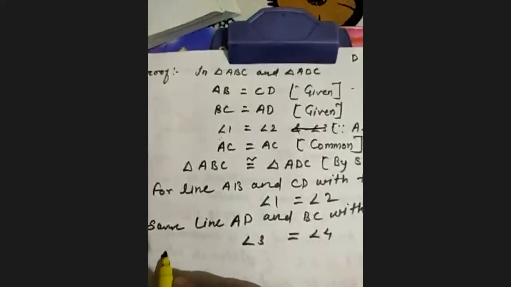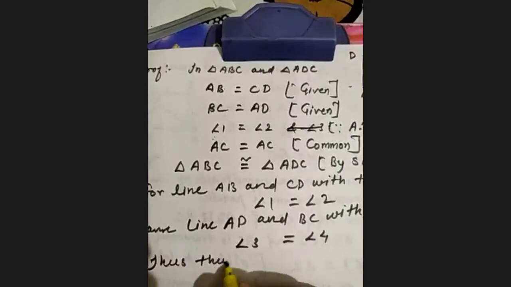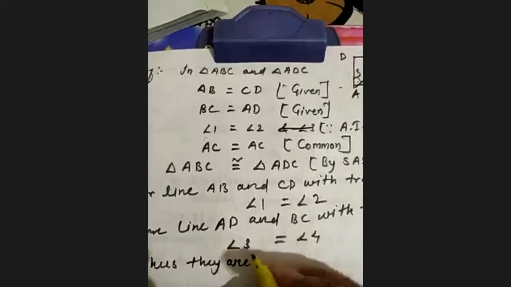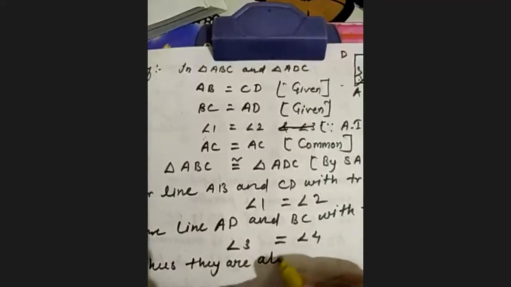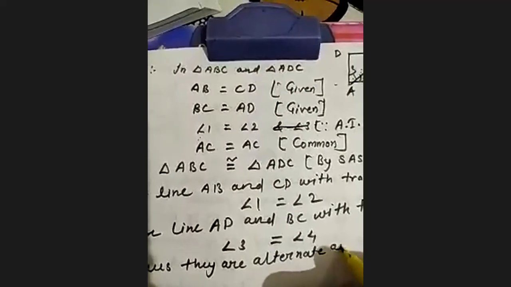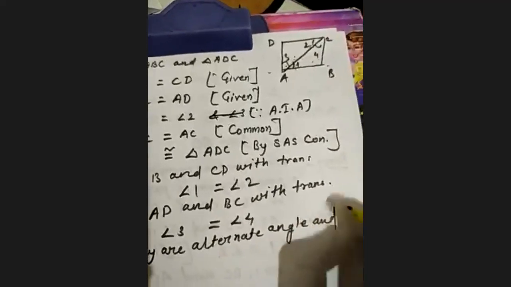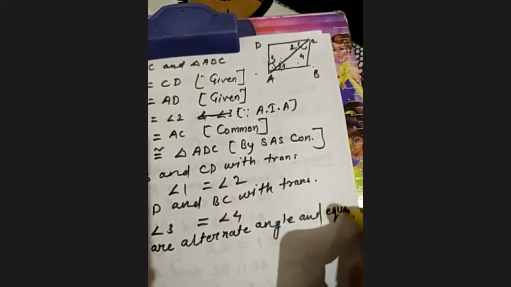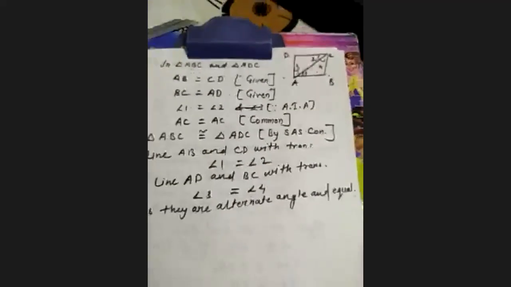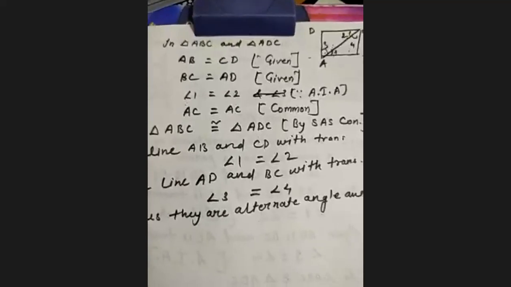Thus they are alternate angles and both are equal. Okay, it is a transversal line, so these will be equal.